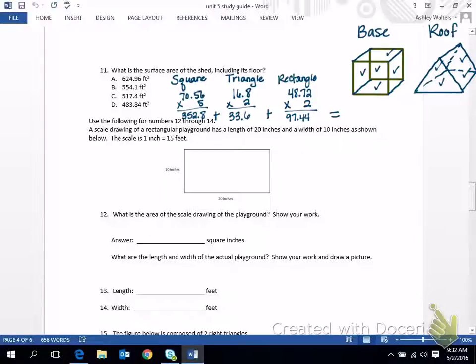So now when you add them all together, you get 483.84.